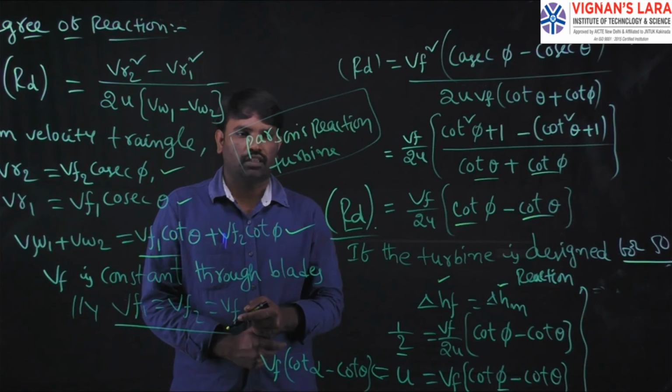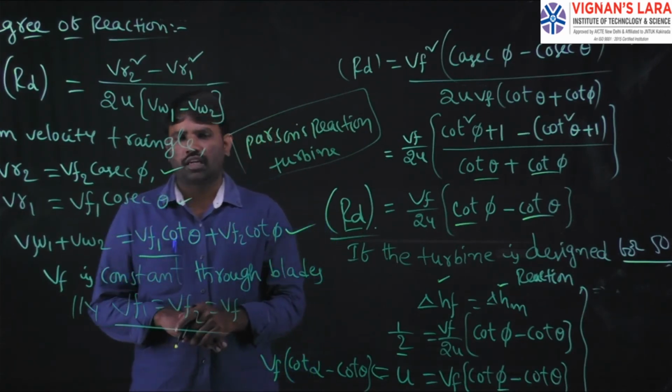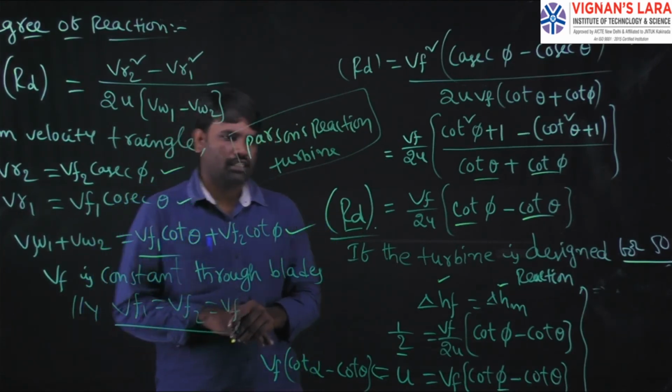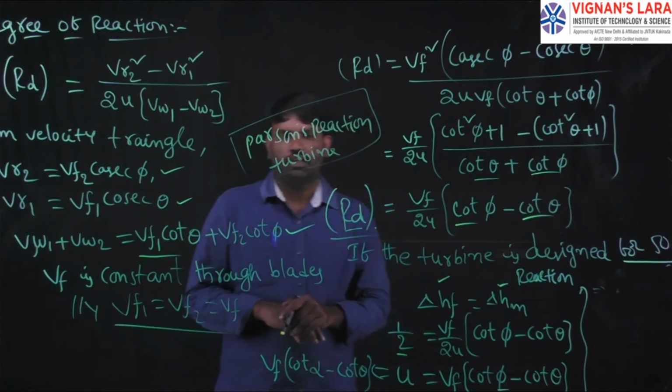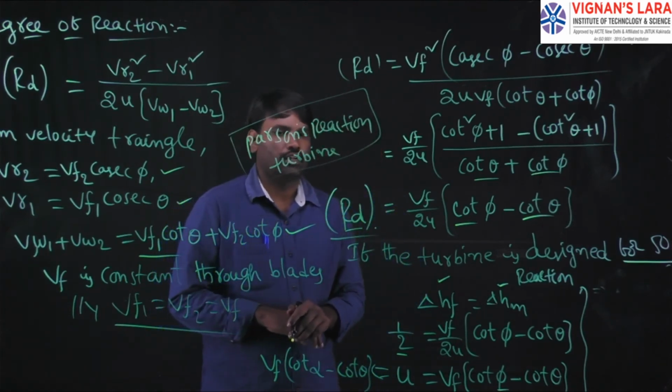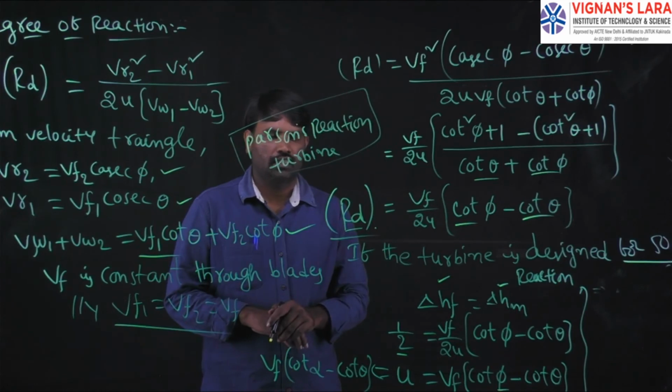While solving problems, we can use the degree of reaction as 50%, that is 1 by 2, and you can easily calculate the parameters.